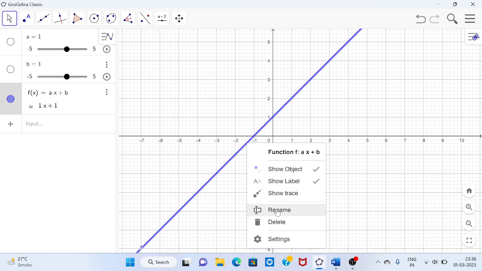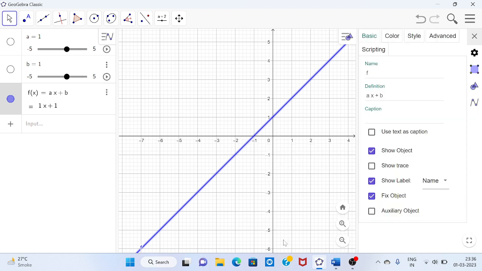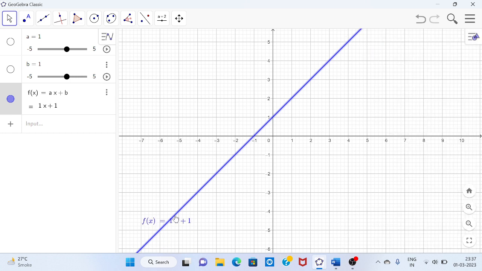Let's give them the label as name and value. With that, we can see the name given to it as well as the value of it. Moving to the next one, the next function that we have is our squaring function.